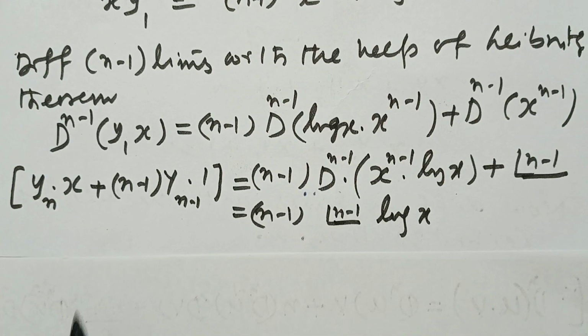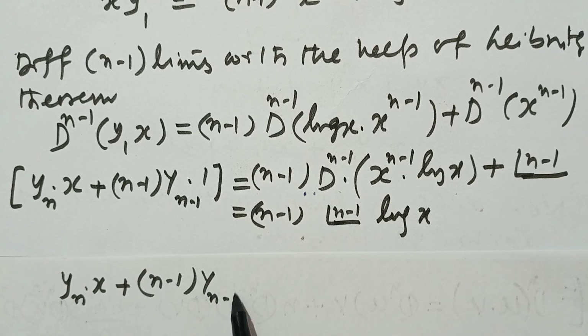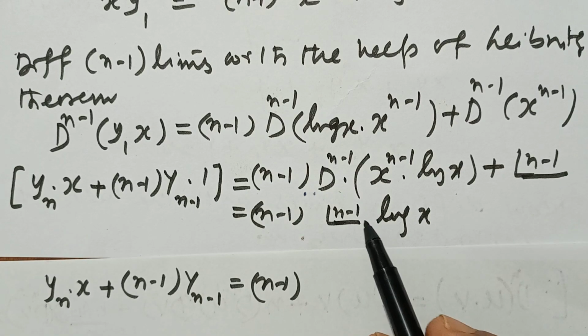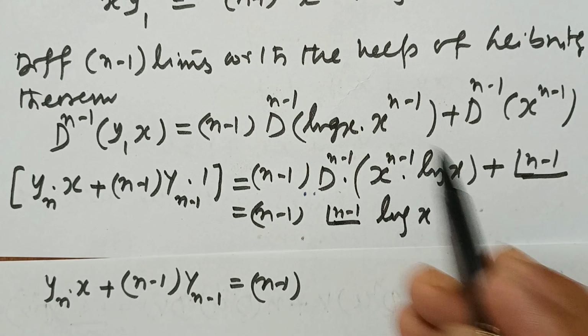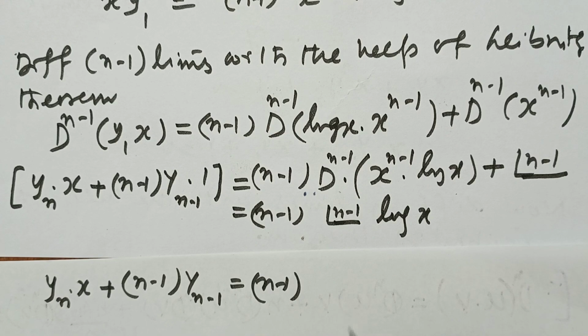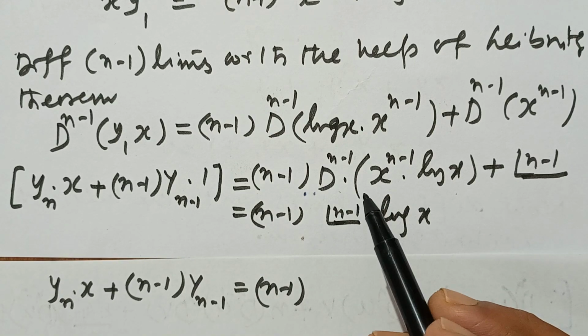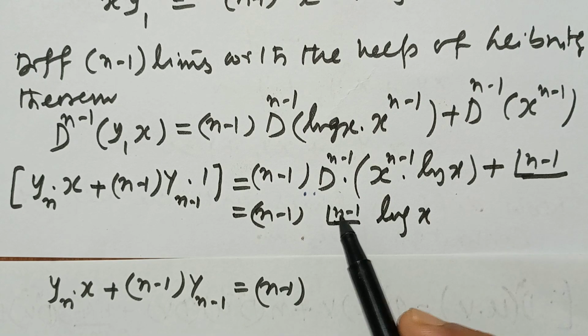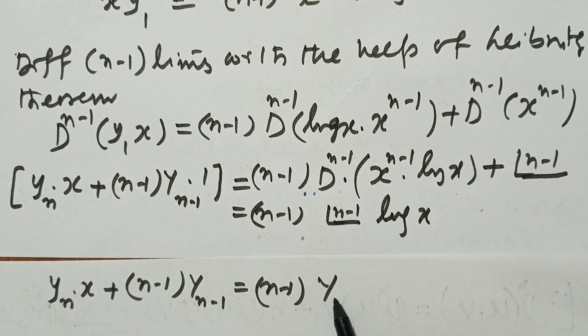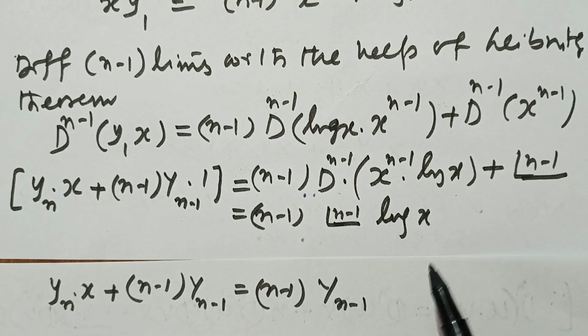So here yn x plus n minus 1 times y(n-1) equal to n minus 1 times, what is this? Because here given y is equal to x to the power n minus 1 log x, this is y(n-1). Plus factorial n minus 1.